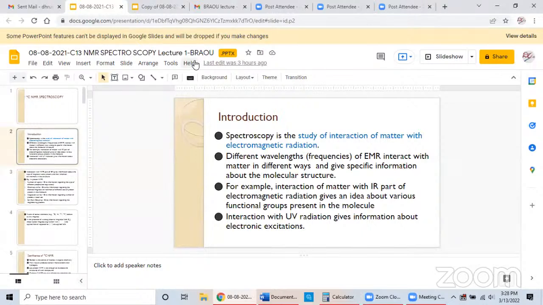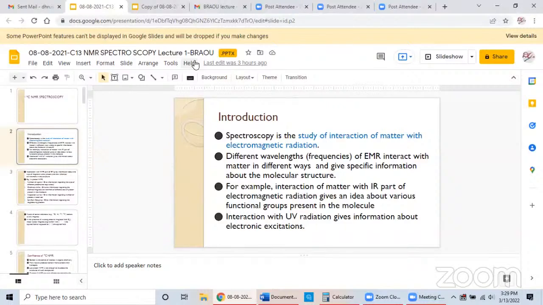The nuclei of certain elements which we come across in organic molecules, carbon, hydrogen, fluorine, and phosphorus, are magnetic. They behave as tiny magnets. So in the presence of a strong external magnetic field, these nuclear magnets align with the field or opposite to the field. That means they will orient themselves either with the field or opposite in orientation.